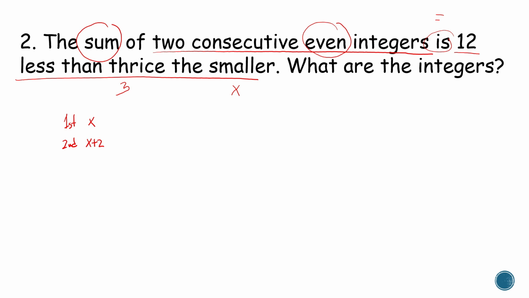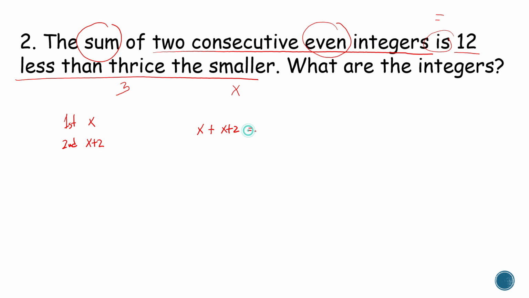Okay, so let's create now an equation. The sum of two consecutive even integers. Given that statement, what will be our equivalent algebraic expression? The two consecutive integers are x and x plus 2. The sum means we will add the two. All right?